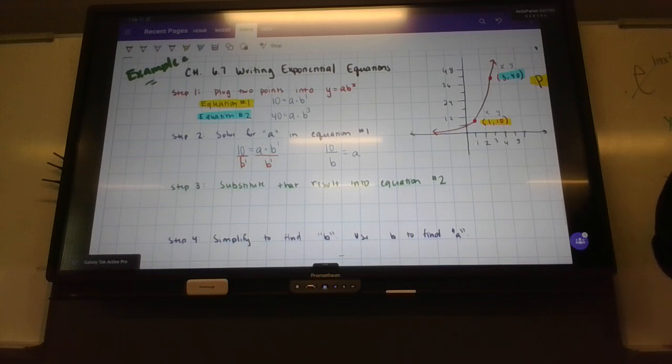Okay, so now I'm going to take equation 2, which is 40 equals a times b to the third, and I'm going to plug in what I just found in the a spot. So 40 equals 10 over b times b to the third. So 40 equals 10b to the third over b.